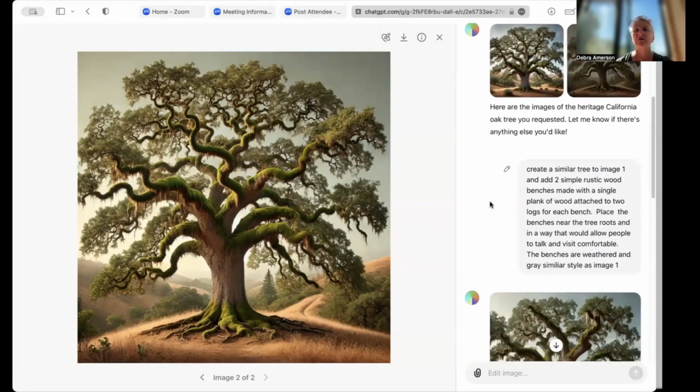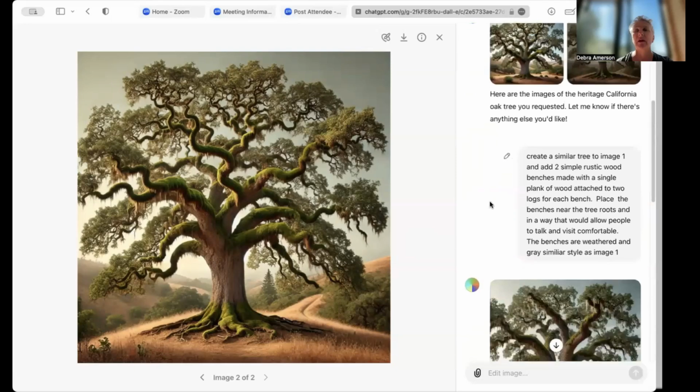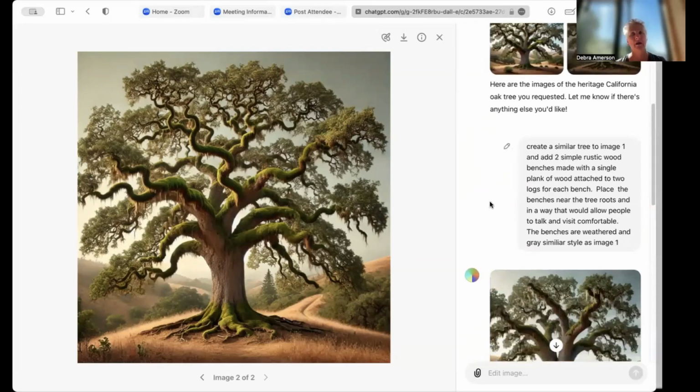So I wrote a little script, and this is an example of how you can tweak and modify and refine your images by being very specific. So what I said was, let's create a similar image to image number one, being the first image generated on the left above, and add two simple rustic wood benches made with a single plank of wood attached to two logs for each bench.